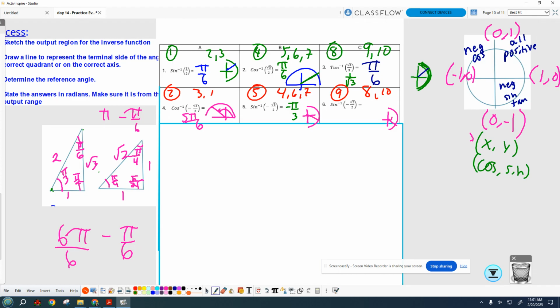Like, sine and tangent are kind of the easy ones. If you can get the reference angle, just slap a negative on it. Okay, this guy, root 2 over 2, where is opposite 1 and hypotenuse root 2? They have written, not the restricted answer. Group 8 and group 10, I see what you guys have on your board. Okay.